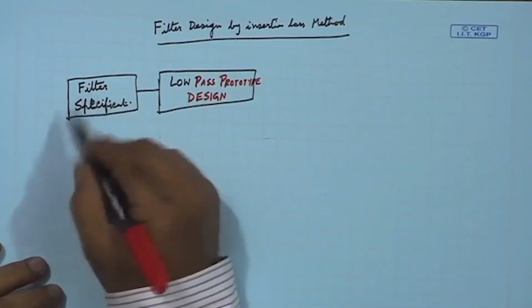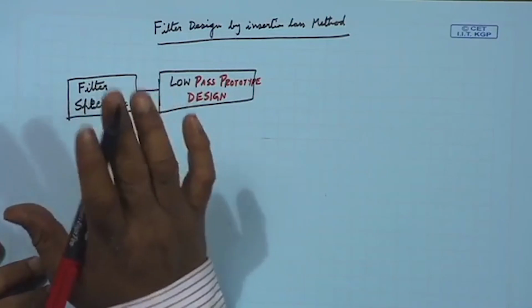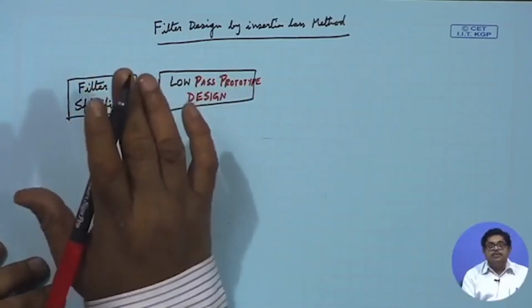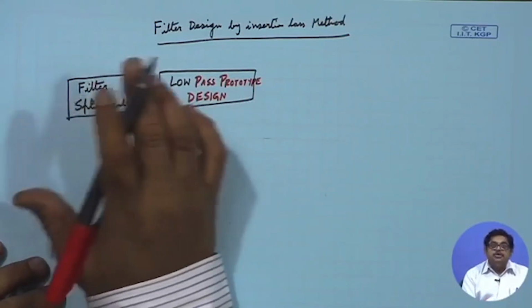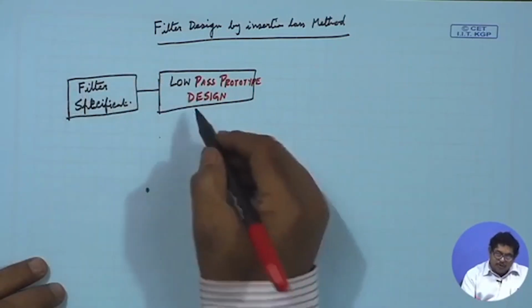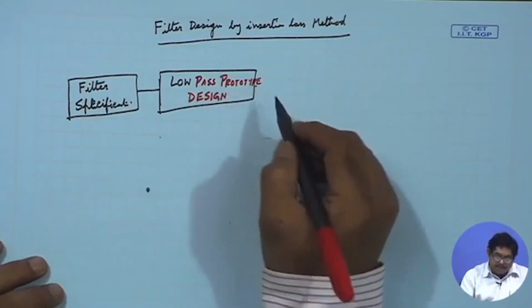Here we have decided what the insertion loss will be, which polynomial we will use, that means what type of filter I will use. The pass band and stop band are characterized, and many times it is not low pass, but we always start with a low pass prototype design, that is why we call it a prototype.